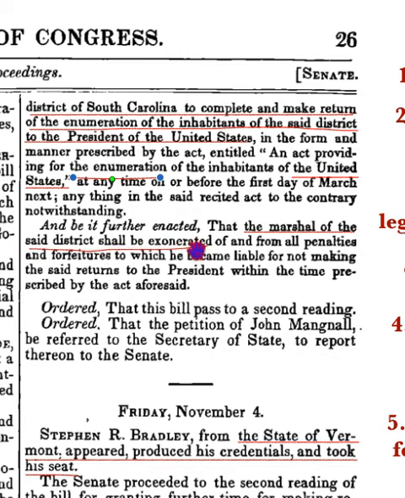And be it further enacted that the marshal of the said district, meaning that these are named things specifically named by the government or by the United States of America, and are very specific people and things and places. Not some legal fiction, not some corporation.